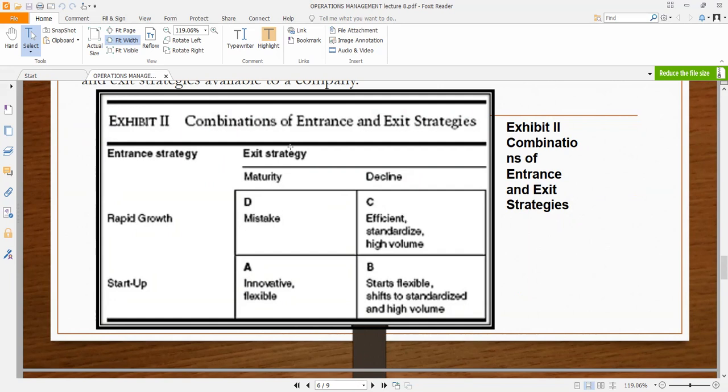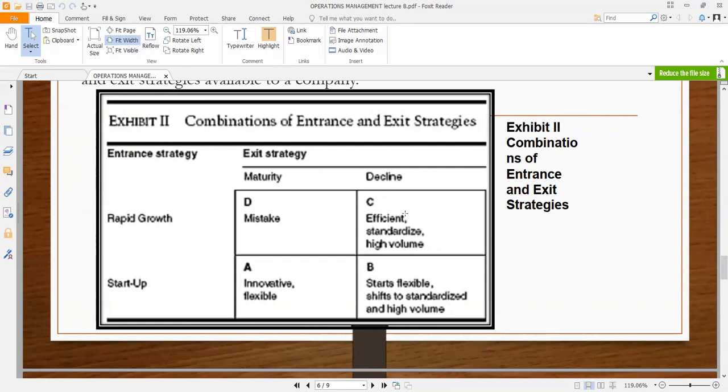That is on the exiting strategy. On entrance, as you enter, there is rapid growth. Before you exit, you'll have learned a number of things, including mistakes that were encountered. So mistakes, we're talking about D, having to wait for a long time to enter the market in a quest to exploit.